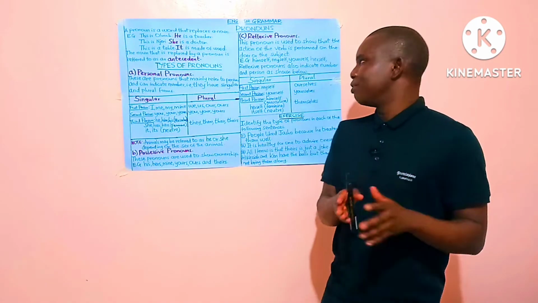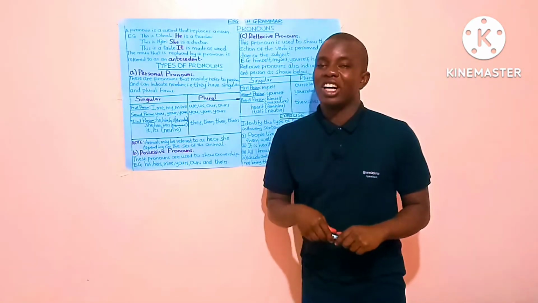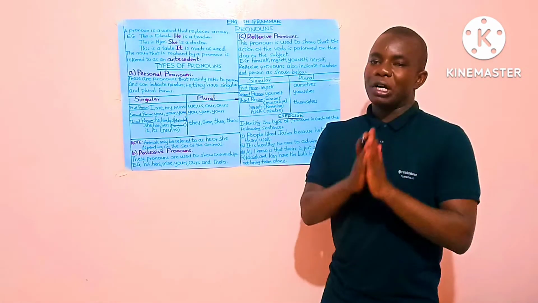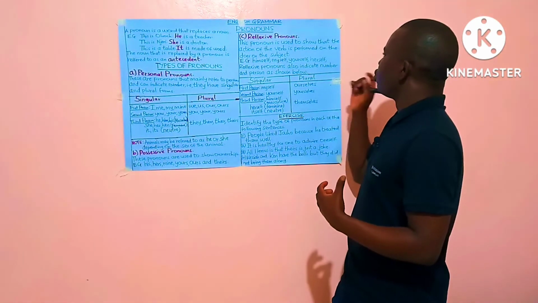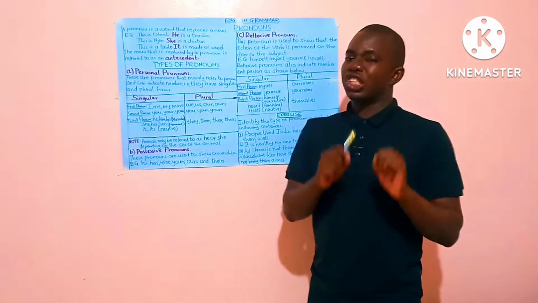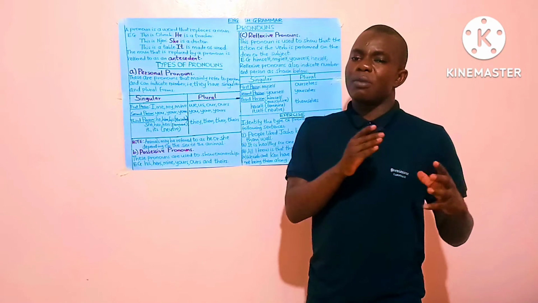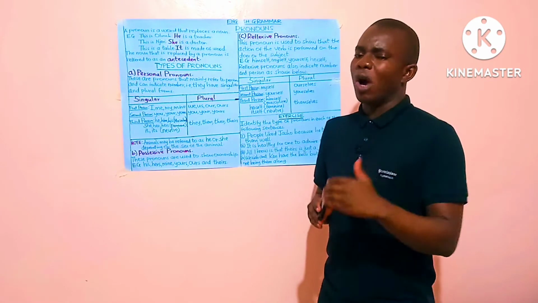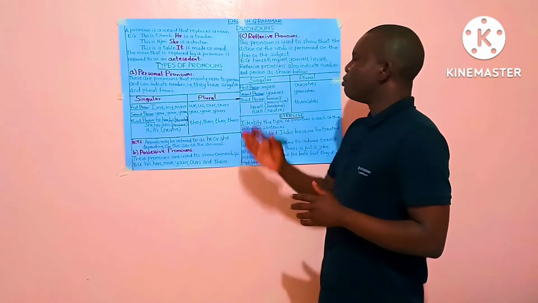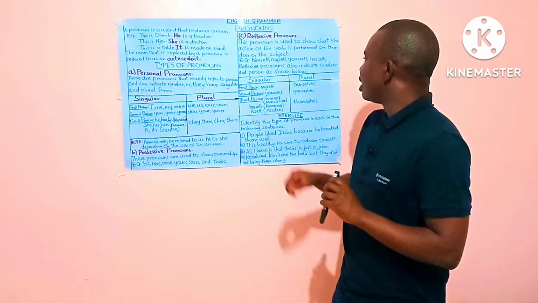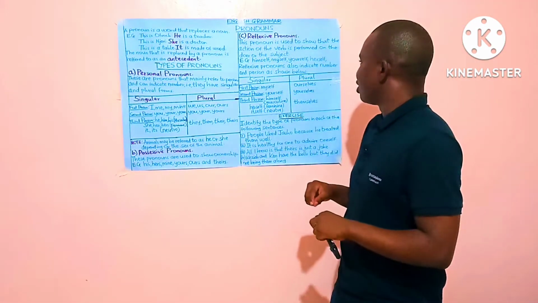Or maybe someone. The last type of pronouns is what we call reflexive pronouns. These types of pronouns are used to show that the action of the verb is performed on the subject or the doer of the given verb. Some of them include himself, myself, yourself, and herself.